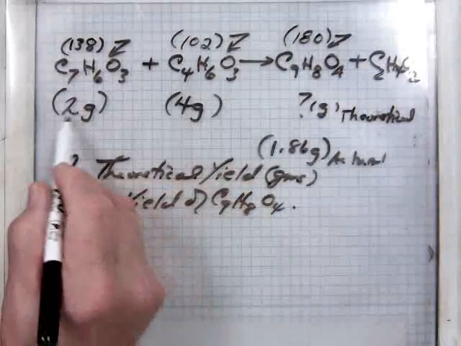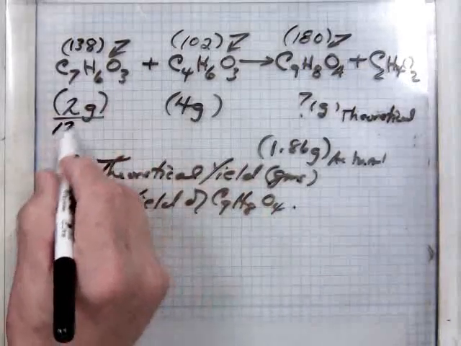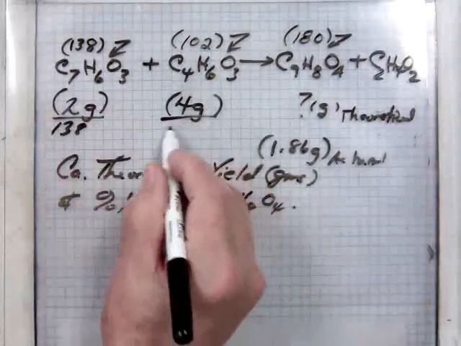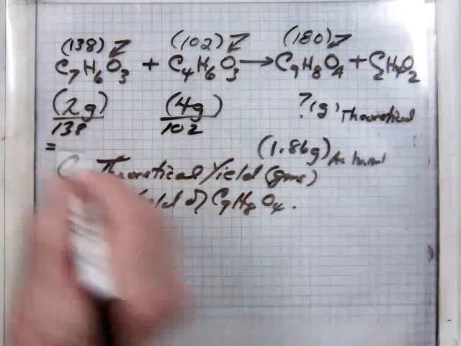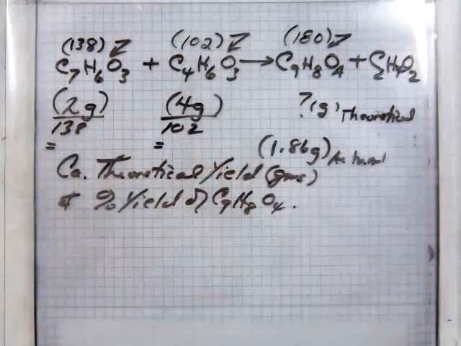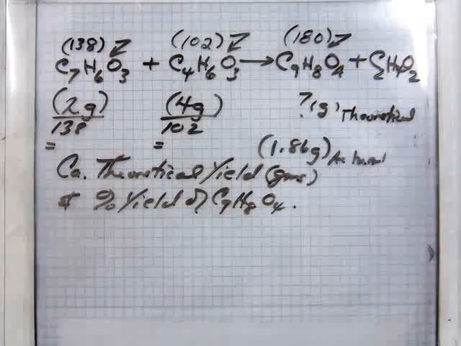So we want to simply divide this one by 138 and this one by 102 to get the moles of reactants. And 0.015.